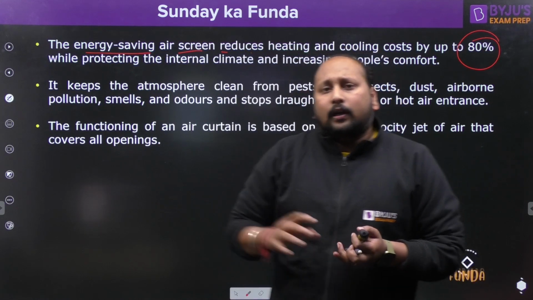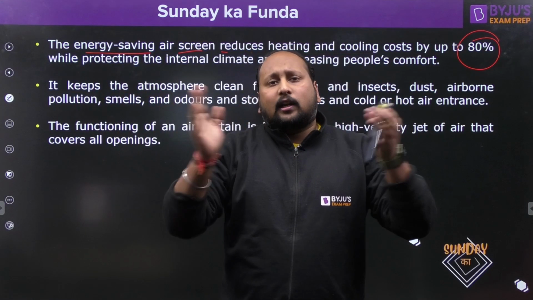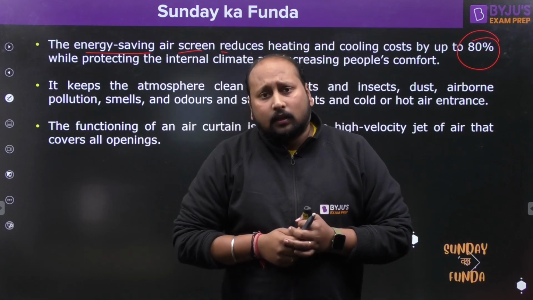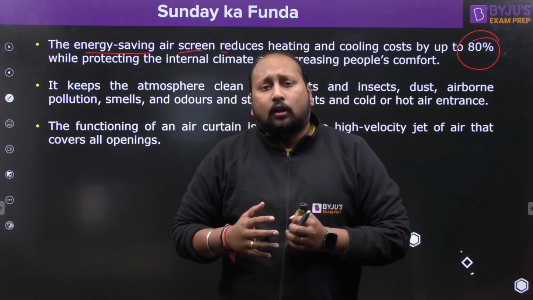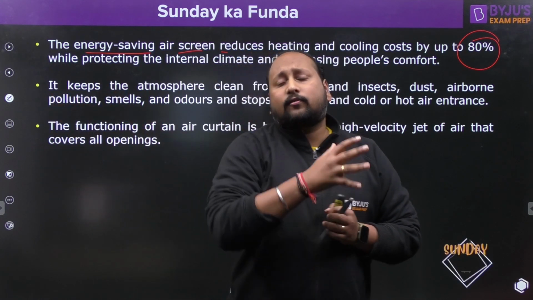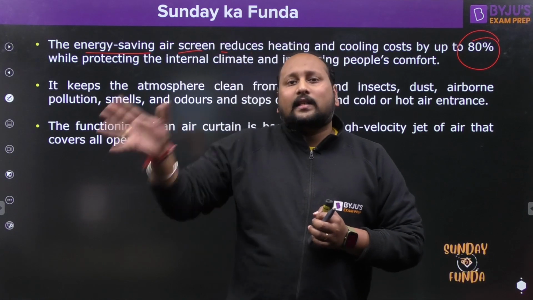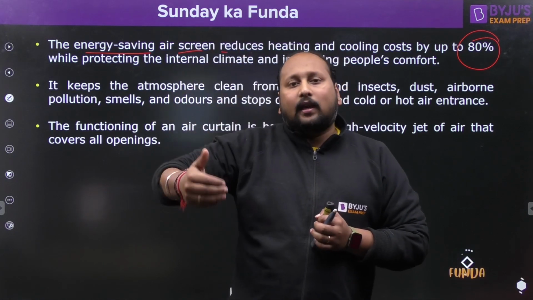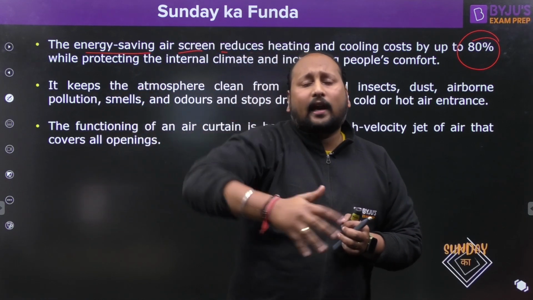Because if the mall's doors are opening and closing frequently, then the outside air will try to enter at very high pressure, or the inside air will try to exit from the main door. We try to maintain the inside temperature by having air curtains installed at almost every exit or entry point.